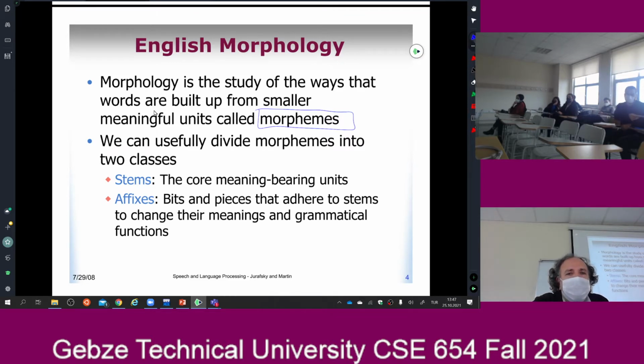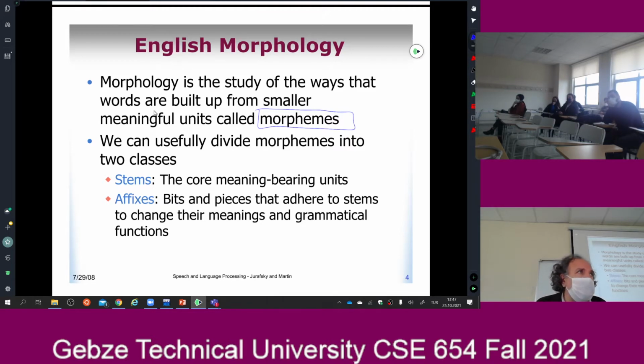When we start doing this stuff, we start from stems or roots, or kök in Turkish, right? We start from stems or roots, and we keep adding these affixes. Affixes could be suffix, sonek, or prefix, önek.